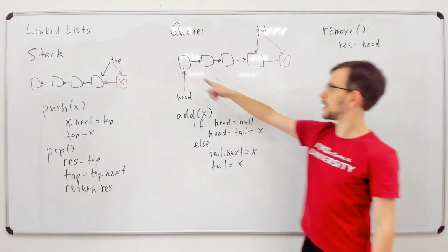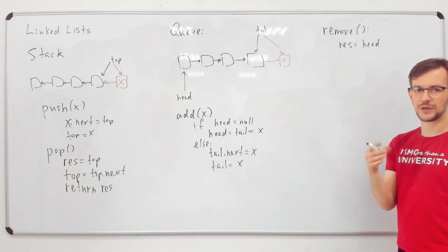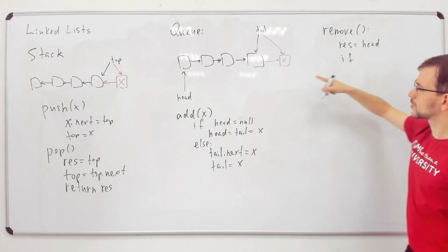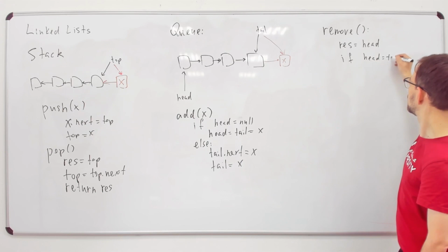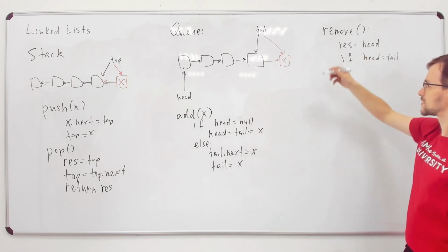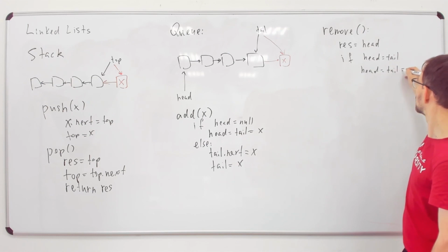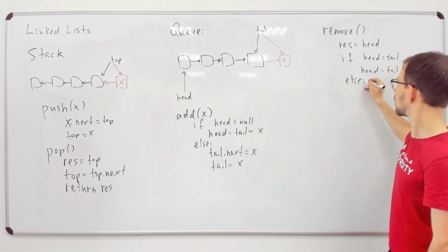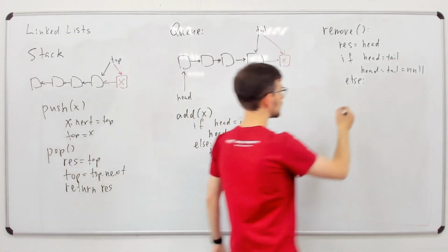Now we need to move head here, and we need to check if the queue became empty. If the queue contains only one element, so if head equals tail, then we remove this element and make an empty queue. And if not, then we just move head to the next element.